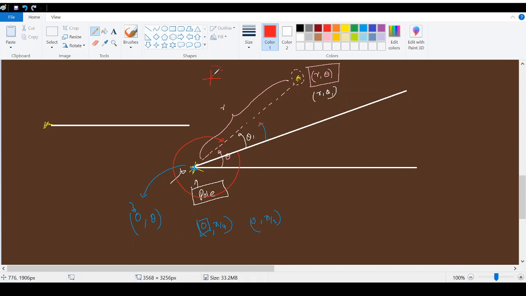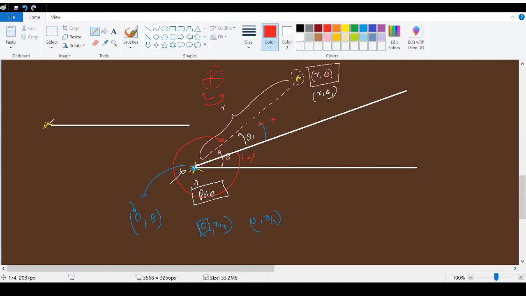The hands of the clock move in this direction, so this is called the clockwise direction, and the anti-clockwise direction is the opposite way. If we measure the angles in the anti-clockwise direction, we represent it with a positive sign, and if we measure it in the clockwise direction, we mention it with a negative sign.